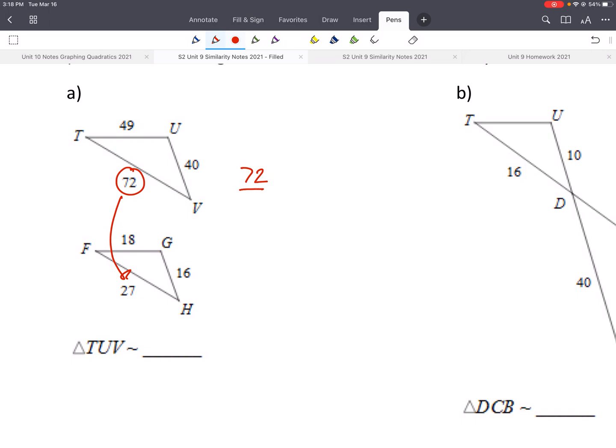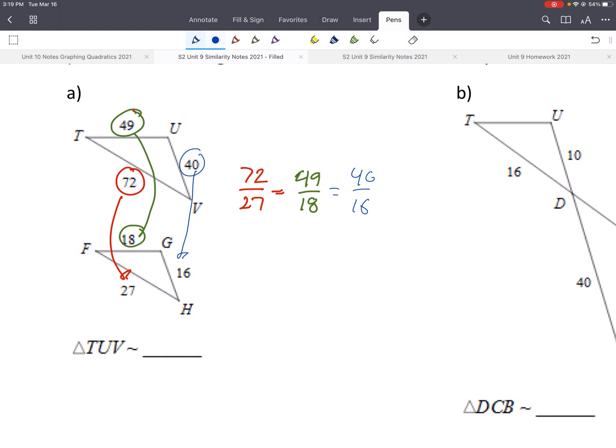So 72 over 27. And then the next largest, we would do 49 to the 18, so 49 over 18. And then our final one, which would be 40 over 16.